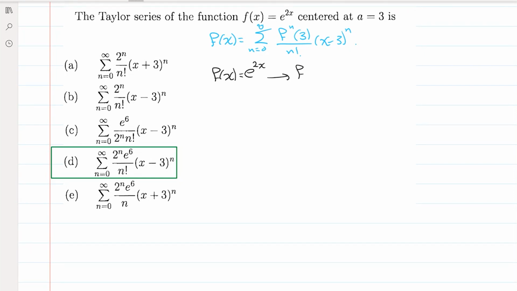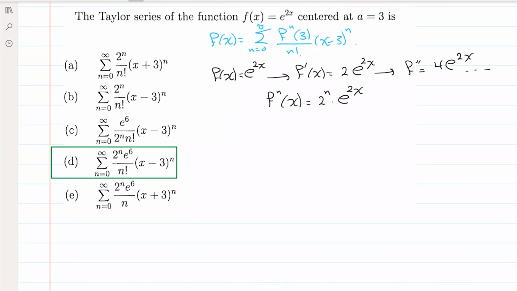The first derivative is 2 e to the power 2x. The second derivative will be 4 e to the power 2x, and so on. So what is the nth derivative? It will be 2 to the power n e to the power 2x.